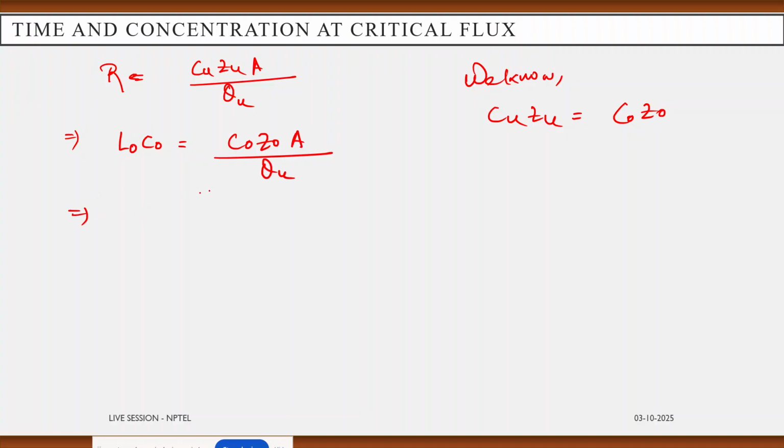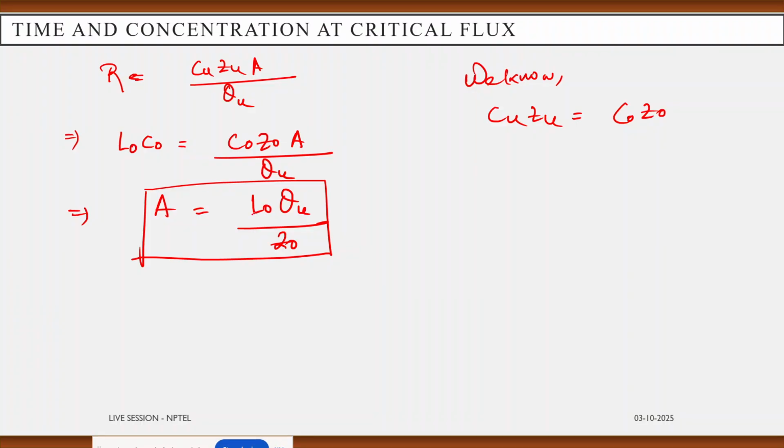From there also you will get either area or theta u. But mostly we calculate the area from here because we already have theta u from the previous expression.